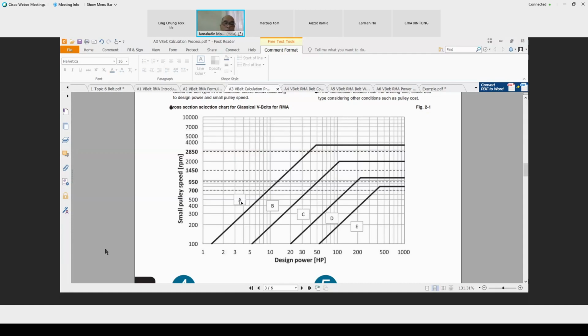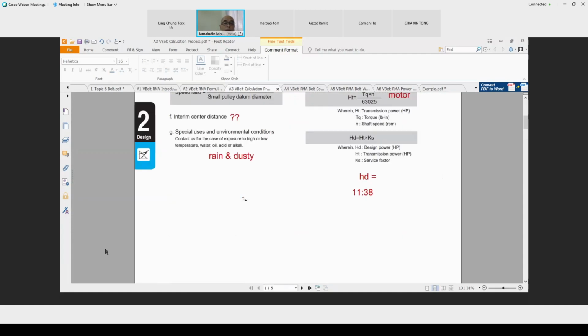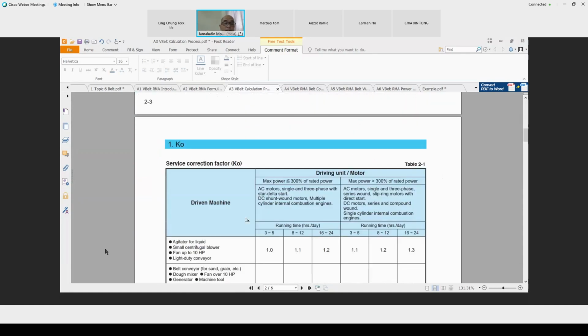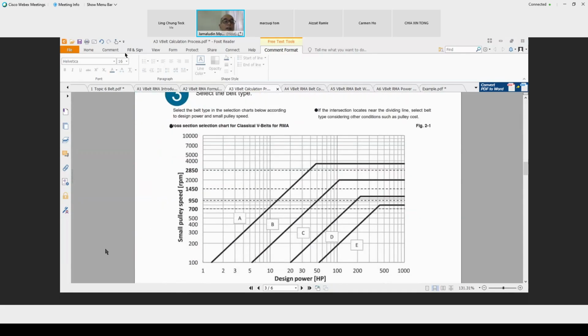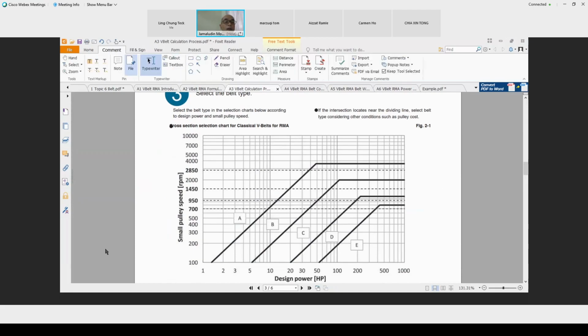Our small pulley speed is going to be 500. I just draw a line there, 500 roughly, up to there.